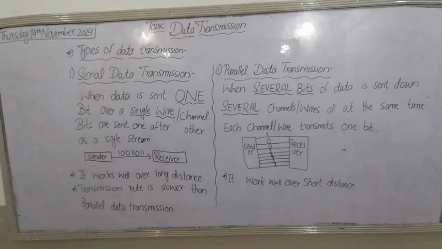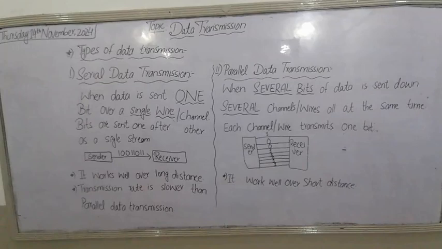All right. On page number 52, there is a table showing the comparison of serial and parallel data transmission. I want you to learn that table as well. Those points will further clear the concept of this topic. That table of comparison of serial and parallel data transmission on page number 52 is very important.